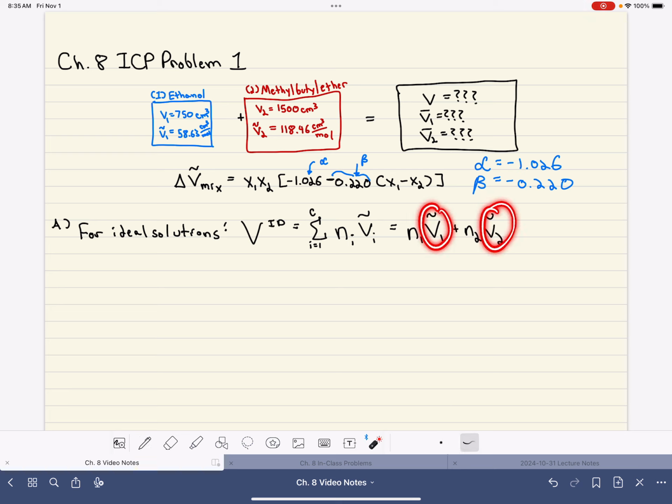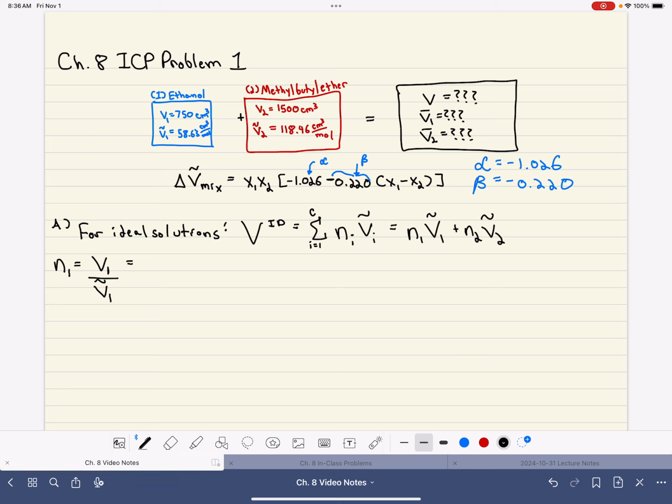These we were given in the problem statement, but we need to calculate the moles of species 1 and species 2. And we could do that using the volume information that we were given in the problem, where we were given the total volume of the pure ethanol, and if we divide that by the molar volume of the pure ethanol, that will give us moles.